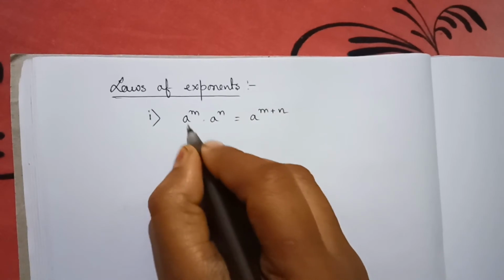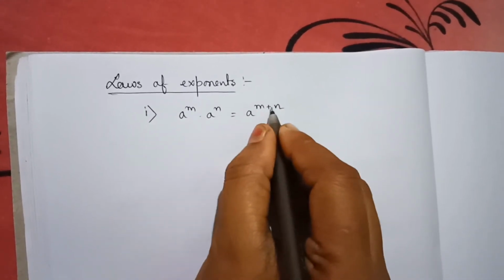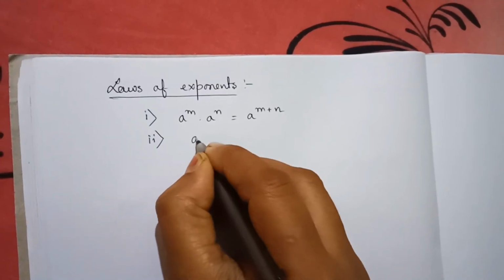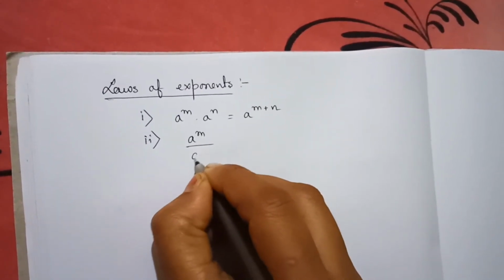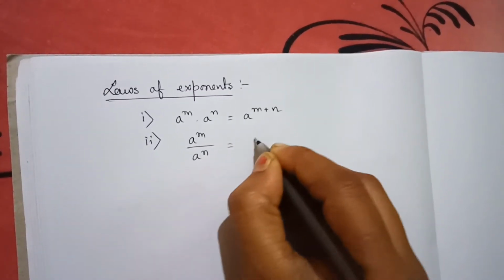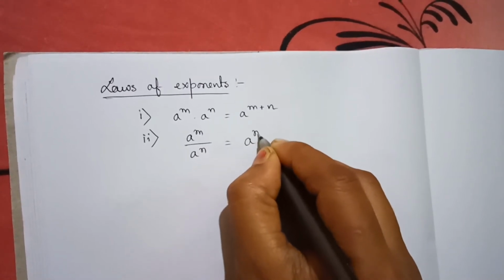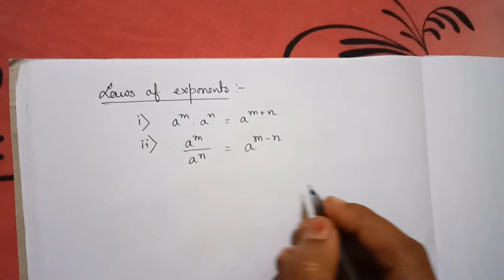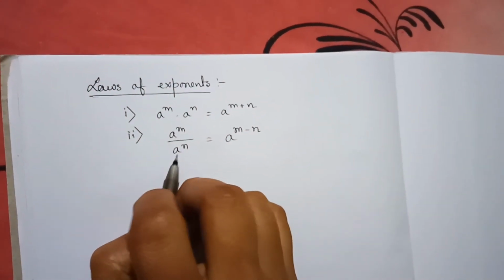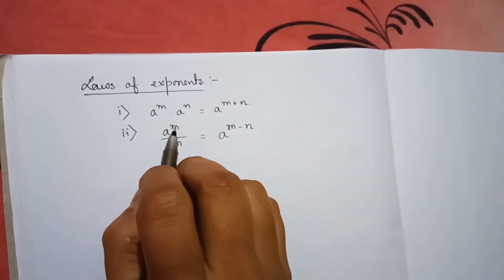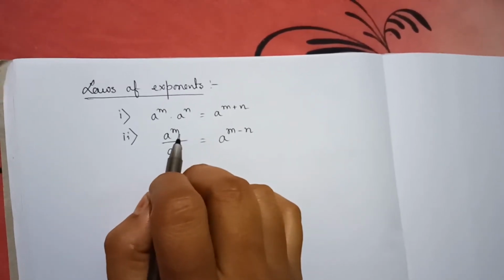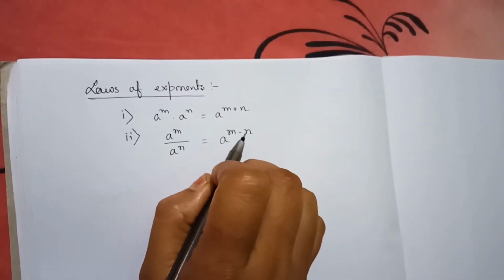If both the bases are same, exponents will be added for the multiplication. A to the power m divided by a to the power n will be a to the power m minus n. That means if the bases are same and the exponents are different, for their division the exponents will be subtracted.